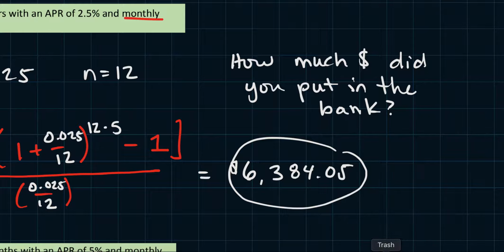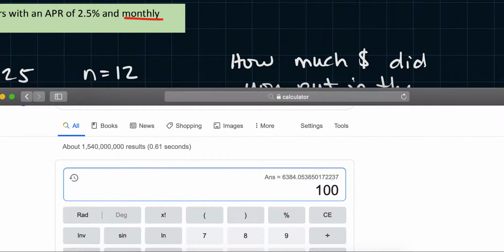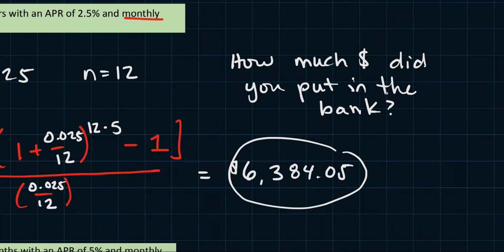You would say, well, I took $100 from my check every month, so for 12 months in 1 year, and I did this for 5 years. So I put $6,000 in. So compare these two. You made $384 after 5 years. It's not a whole lot of money, but you didn't put a whole lot of money in, and you did it monthly.